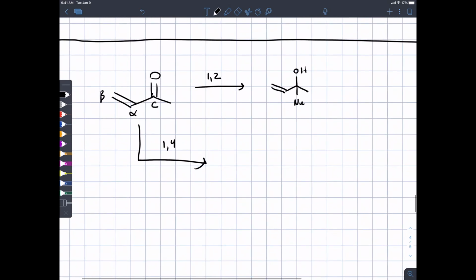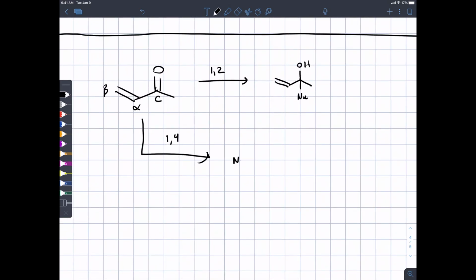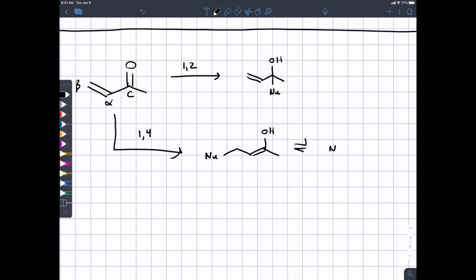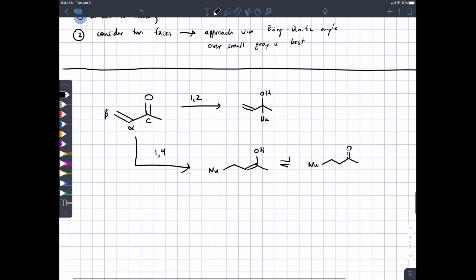1,4 addition would be the nucleophile adds to the beta carbon, and you get this enol, which rapidly tautomerizes back to the carbonyl compound. This is why we call it 1,2 addition, because the nucleophile ends up on carbon 2, on the second atom of the alpha-beta unsaturated carbonyl compound, and hydrogen ends up on 1, whereas here the nucleophile's on 4 and hydrogen's on 1.